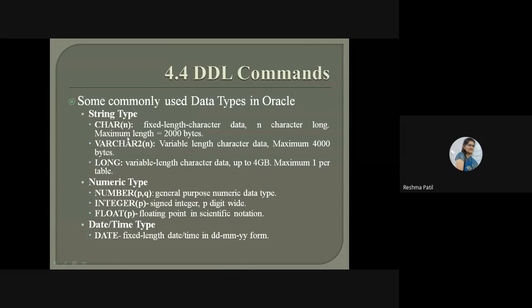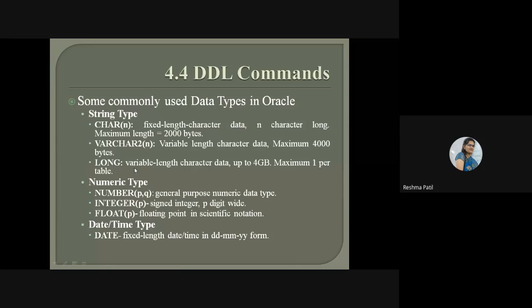The second string type is varchar2(n), variable length character data, maximum 4000 bytes it can take. And long is variable length character data; up to 4 GB we can take data using this data type, but maximum one per table.